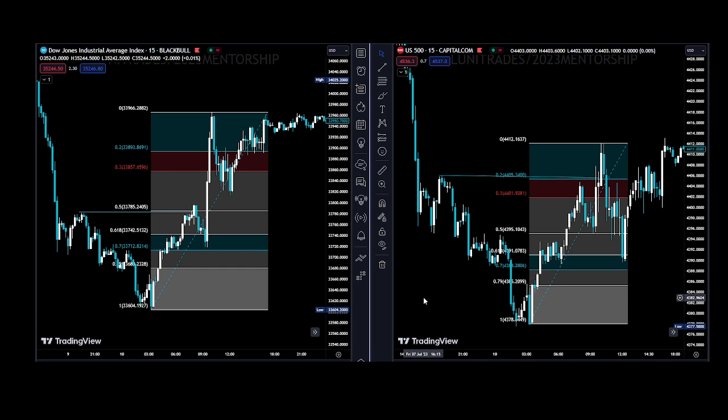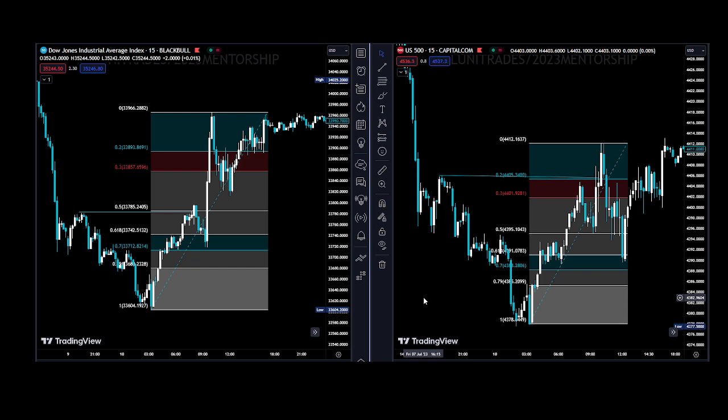For instance, an example of positively correlating markets are the indices US 30, US 100 and US 500. They are positively correlated, meaning if US 30 is moving up, 500 and 100 are also moving up.